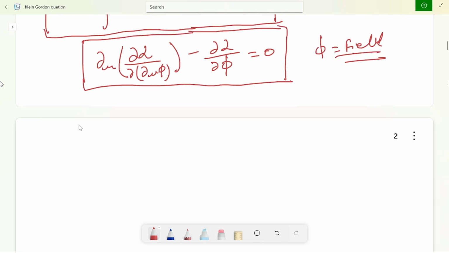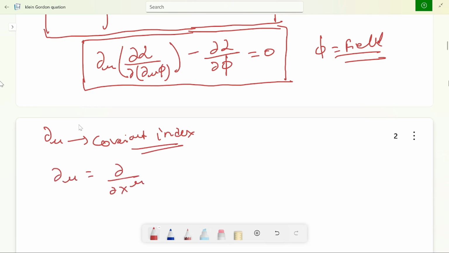Now, whenever I write d mu with the mu in the subscript, this actually is a covariant index. So d mu would just mean d by dx mu.